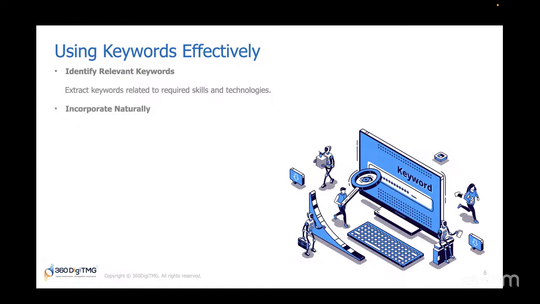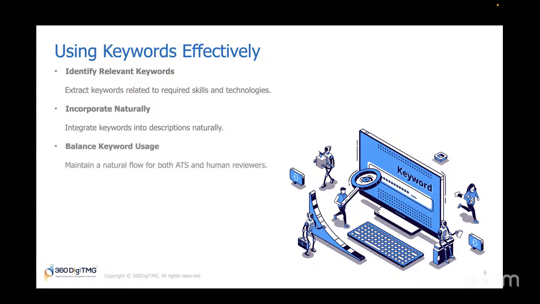Then you have to use effective keywords to enhance the visibility of your resume. You can use the exact keywords, skills and technologies they are asking for in the particular job description. Whatever job keywords you insert in your resume should be inserted naturally, not as if you have put them in a corner of the resume to fit the job description.